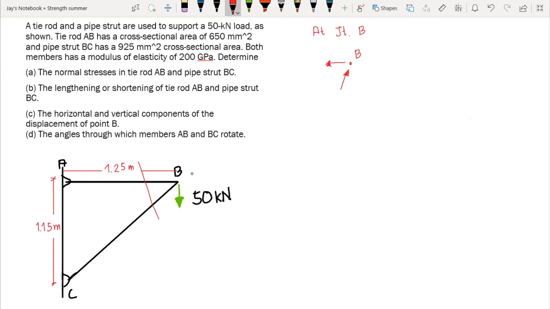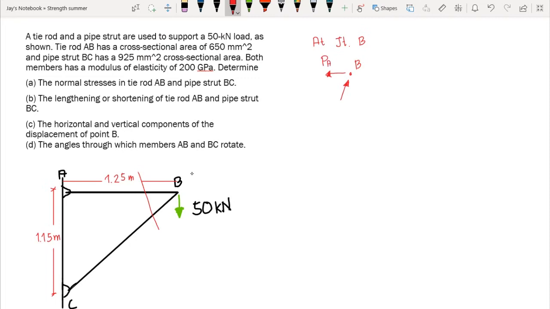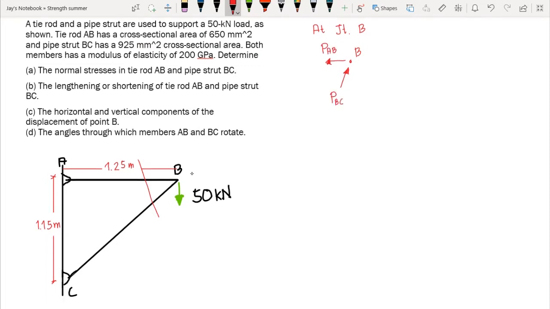Let's say this one is our PAB and this one is our PBC. Again, these are only assumptions, so if we get a negative answer, that means we have a wrong assumption. So we assume that our axial force for segment AB is tension, and the axial force for member BC is in compression.